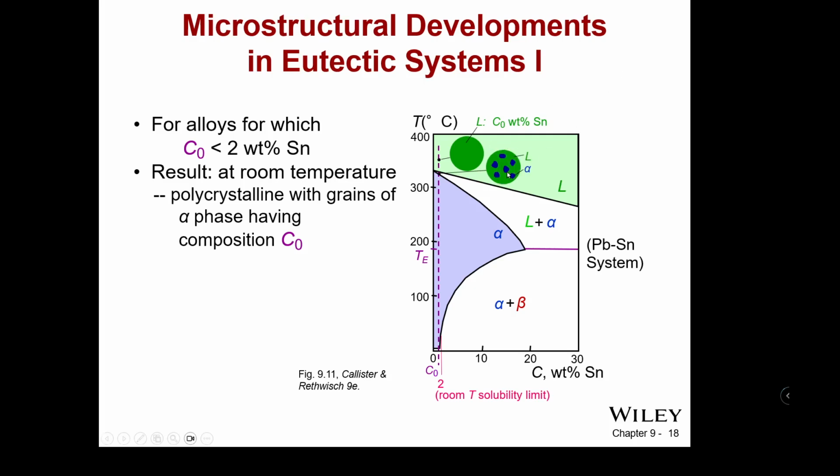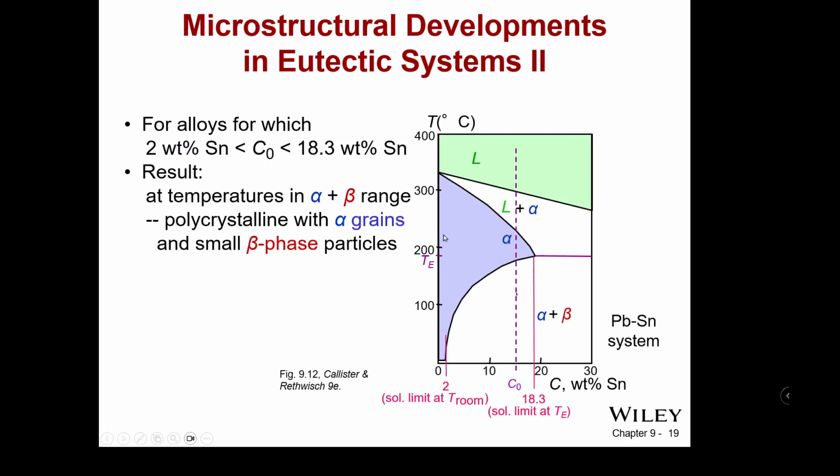As it cools, there's some alpha that forms starting from a liquid. There's some alpha that forms, then it becomes completely alpha at all of the temperatures below that. Above that range, at about 18.3, there's a solubility limit. So let's take a look at that. So it's within this range, within the region that is bounded for including alpha, where we start to get beta included.